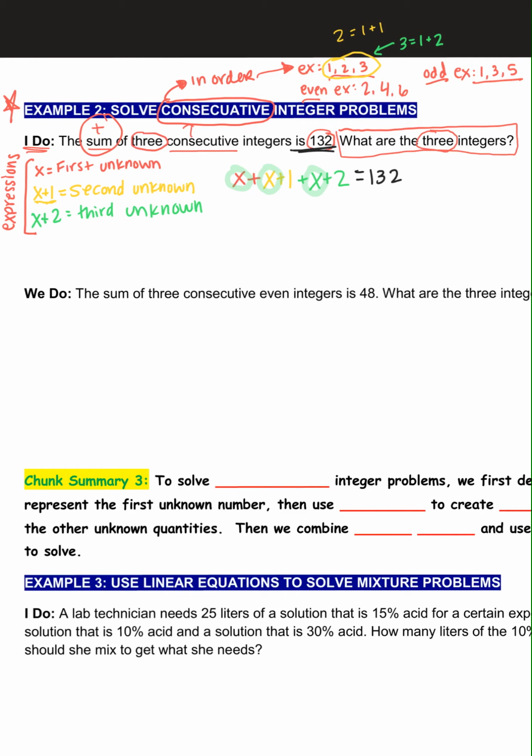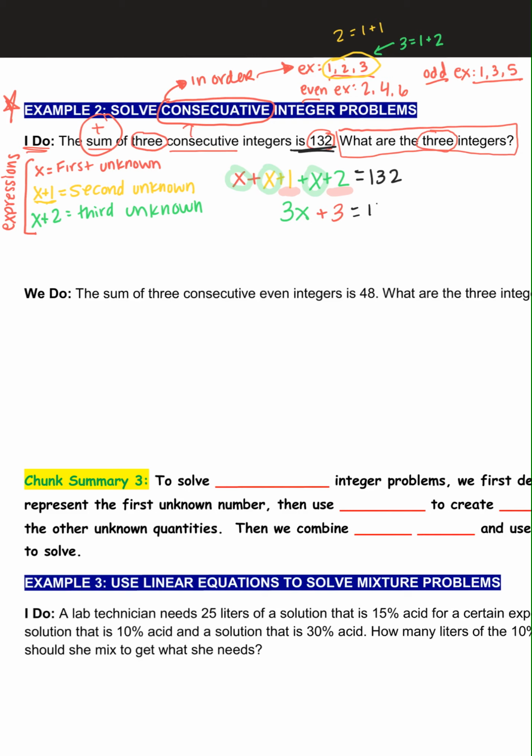If I add all those together, I have 3 x's. Now I have one more thing I can combine. My constants, I have a 1, and I have a 2. And 1 plus 2 is 3. So plus 3 equals my total, which is 132.